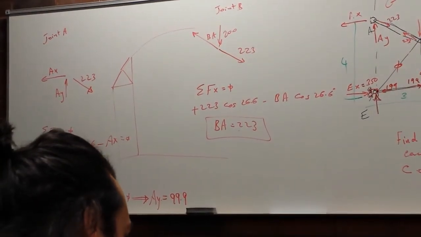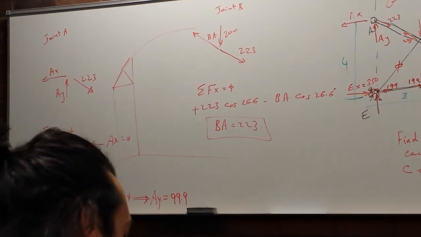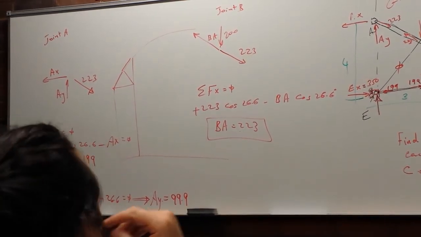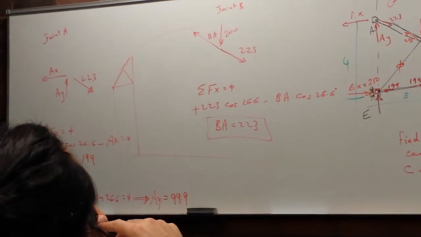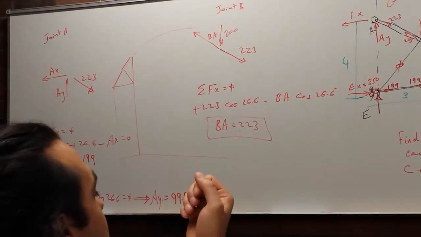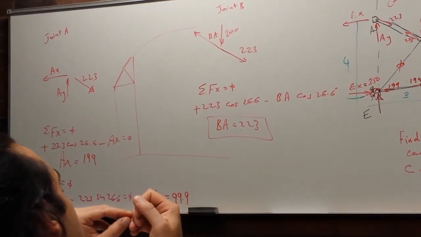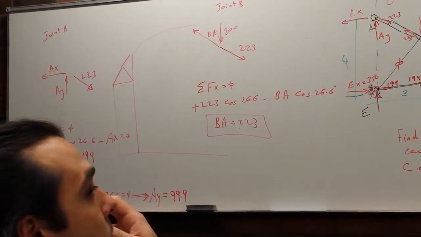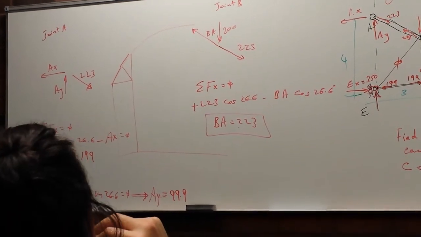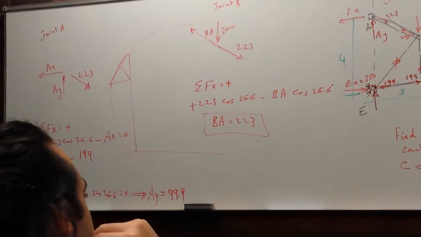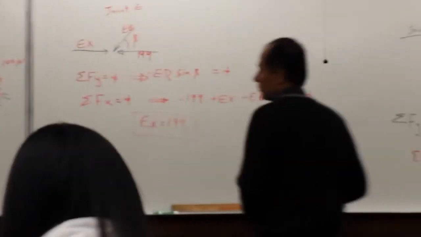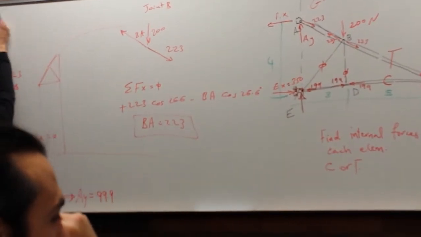We'll go to page 297, 296, 97, 98, and select one of these problems to be solved by the method of joints. Number 15.